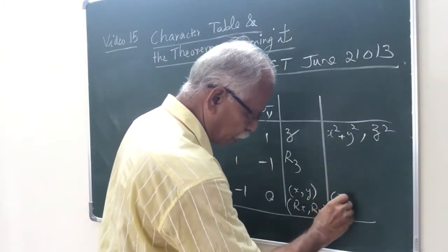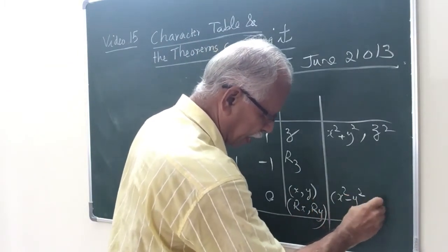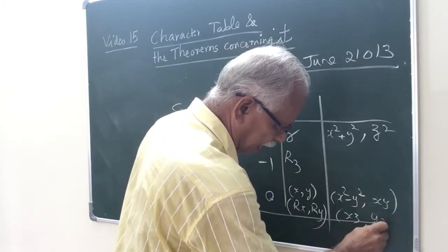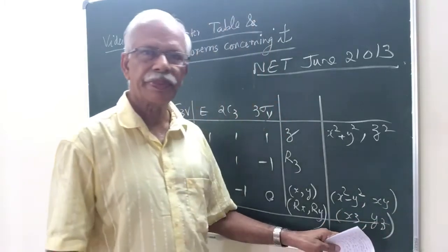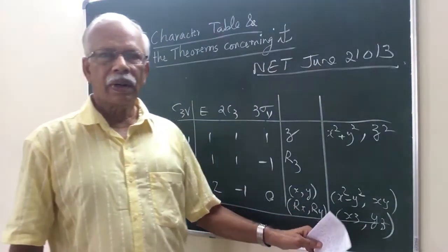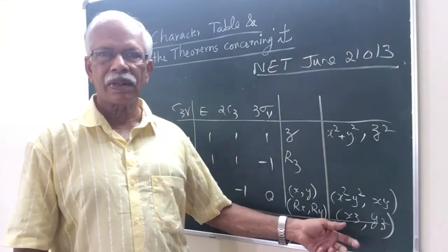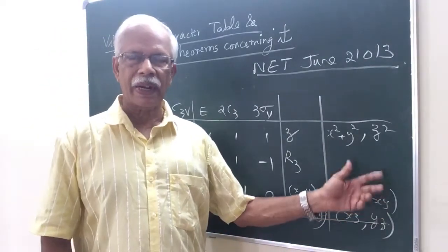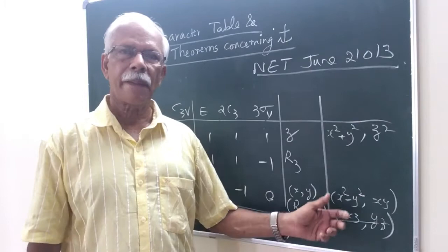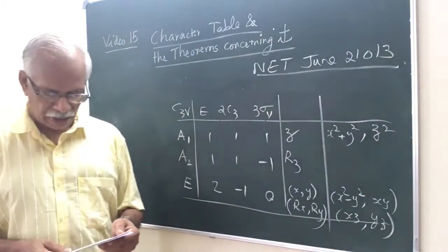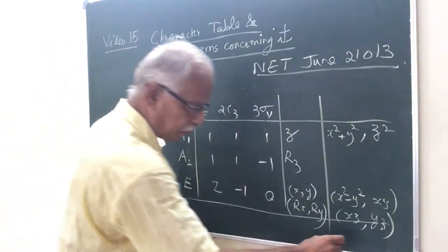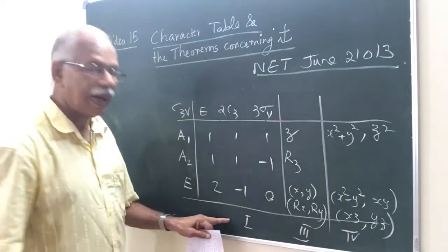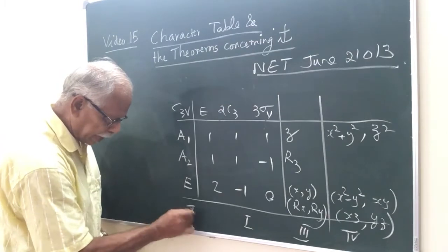Here x squared minus y squared, then xy, then xz, yz. These can be the d orbitals if a demand for their symmetry behavior is needed. The binary and square functions can denote d orbitals wherever necessary. This is area 4, this is area 3, this is the main area 1 where characters are given, these are the Mulliken's notations.